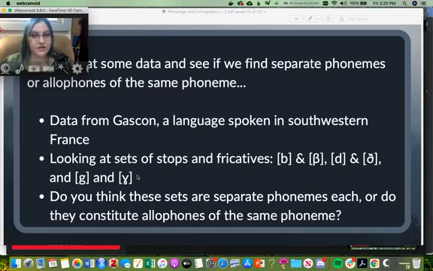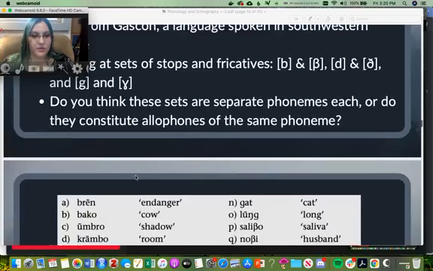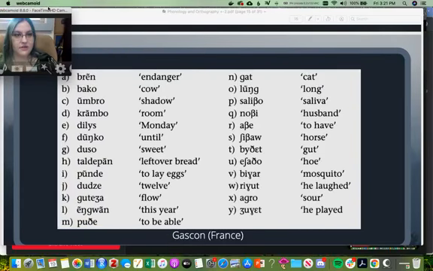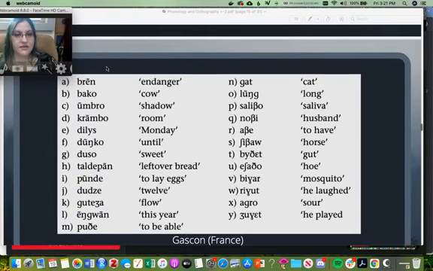Look at this data, and if you have any guesses about whether these are separate phonemes or allophones of the same phoneme, make a note in the chat if you have any answers or questions about this little problem set, and I will try to look at it in just a moment. But here are our data from Gascon. Here's a set of words. So we do see B's. We do see the fricative form of the B, written as a beta.